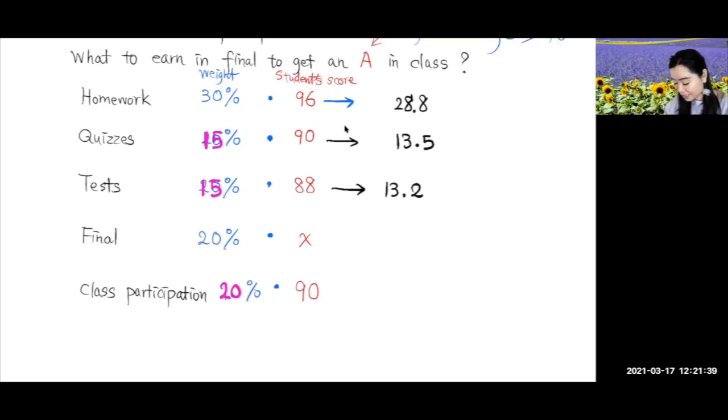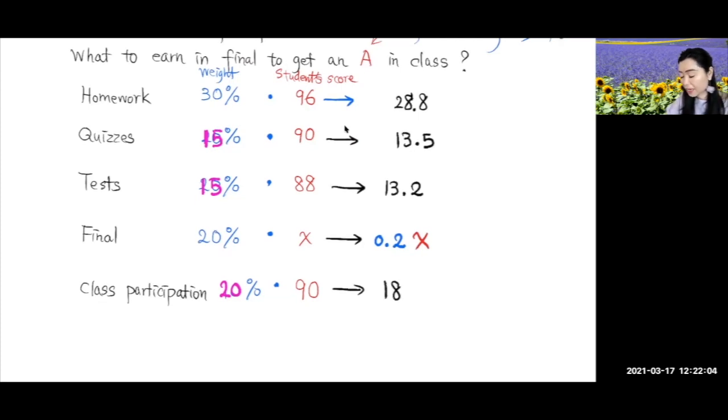Okay. And then this one over here, it is 0.2 times x. So you write that, convert the percentage into decimal. So that will be 0.2 and then times x. And then this one over here will be 18.